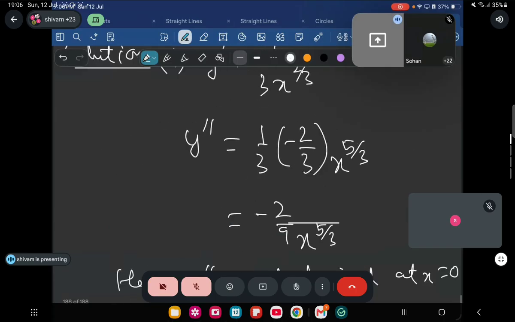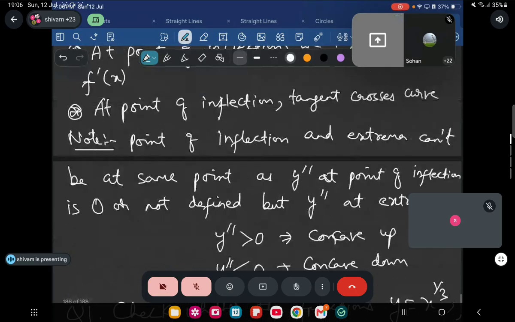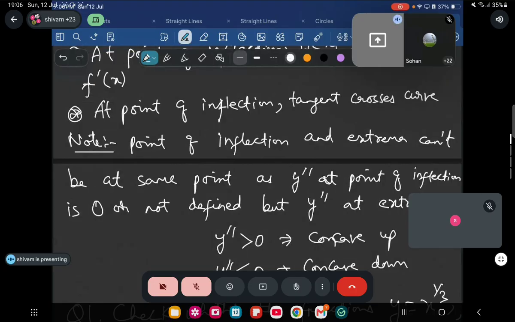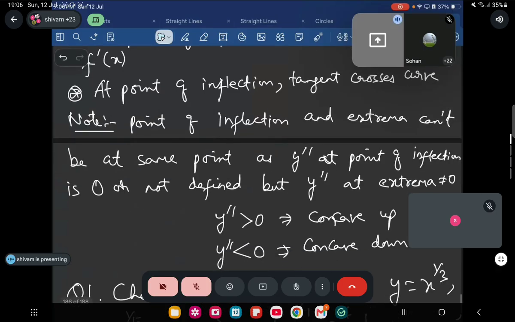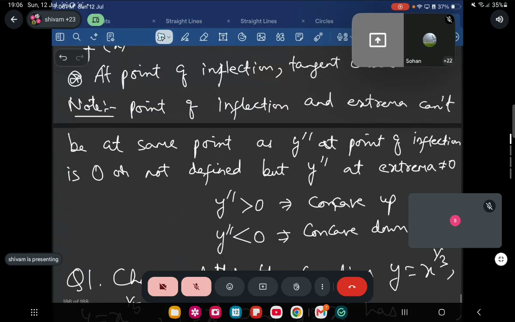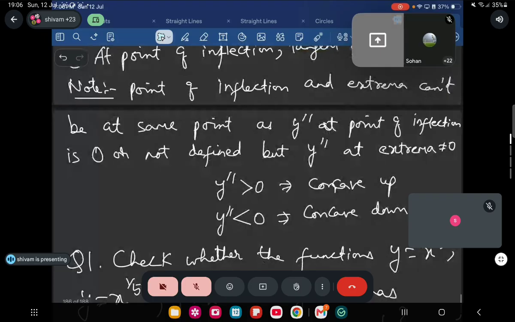So this statement I am modifying. Okay, everyone, pay attention. A point of inflection and extrema can't be at the same point. And y double dash at point of inflection will be equal to 0.